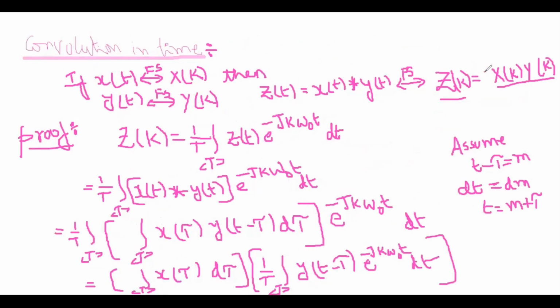You have to prove that T into x of k, y of k. There is no 1 by T in the convolution formula. x of t convolved with y of t is only the integral of x of tau y of t minus tau d tau, and you can multiply here the 1 by T and the T. Understood?